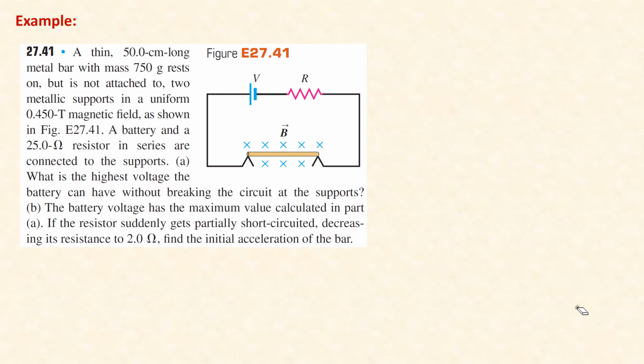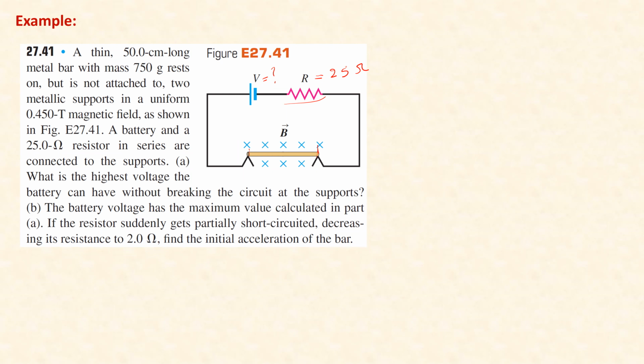All right, so here we have the voltage and resistor connected to this. Obviously it sends the current through, which is in this direction. The bar has negligible resistance compared to this 25 ohms. We want to see what is the V max so that this leaves the support.